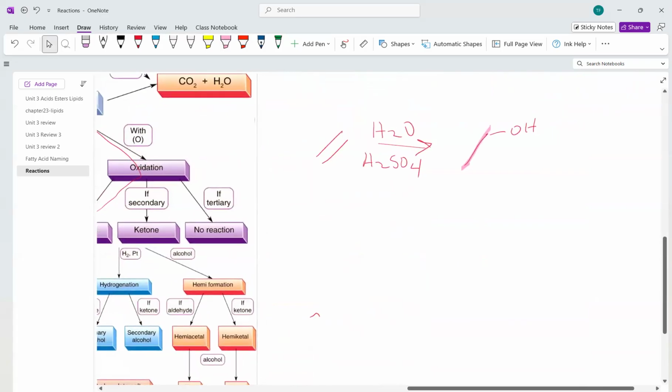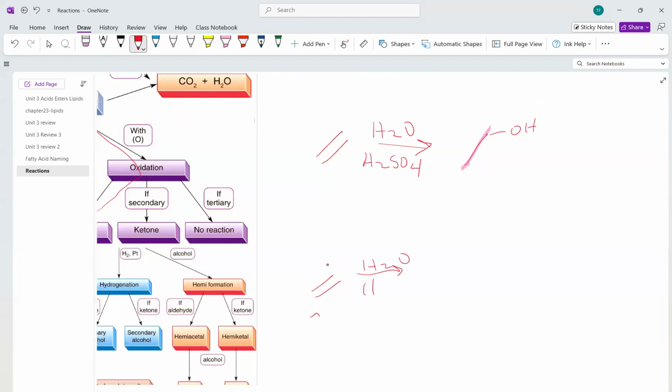Well, if we start with a primary alcohol that we get from the alkene, now we're going to oxidize that primary alcohol.